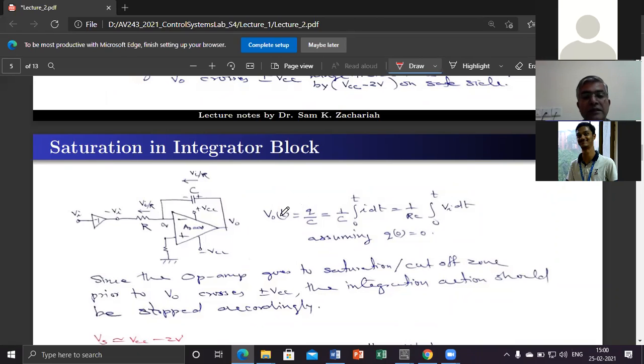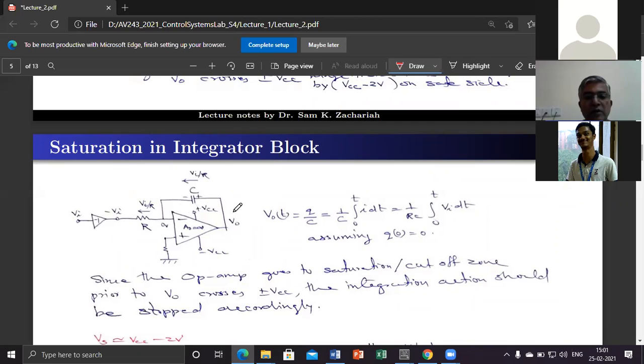It can be obtained like this: V naught of t, the output voltage, is equal to Q by C, where Q is the charge stored in the capacitor. Here you can see this is zero voltage, the minus terminal is at virtual ground, so here also zero voltage.